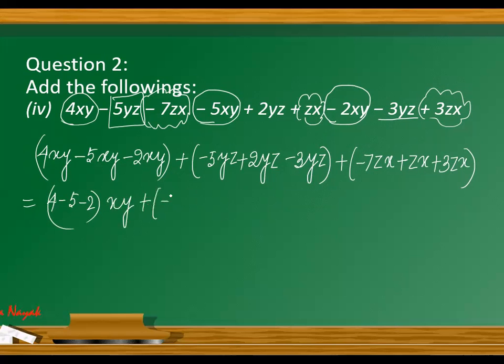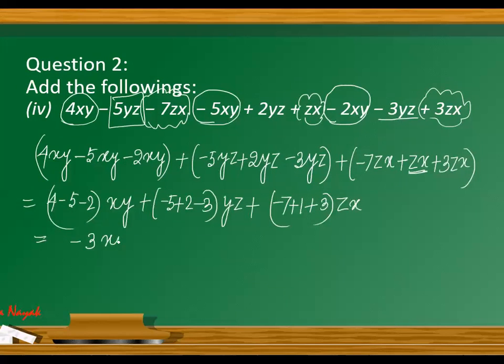Next is minus 5 plus 2 minus 3 yz. Next is minus 7 plus 1, here 1, plus 3 zx. So it will be minus 3xy minus 6yz minus 3zx.